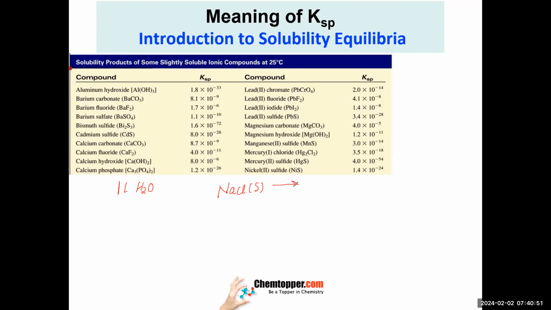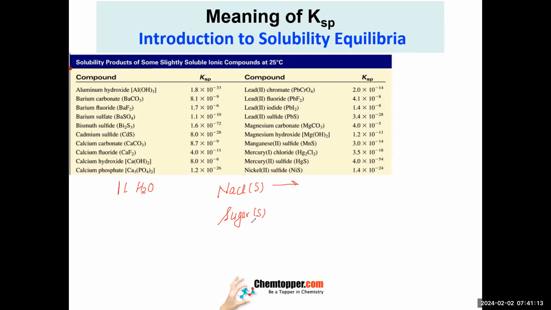Like, for example, sugar. You are making a solution of sugar in 1 liter of water. Sugar is very, very soluble because it can make hydrogen bonds with water, like dissolves like, unit 3, solubility.